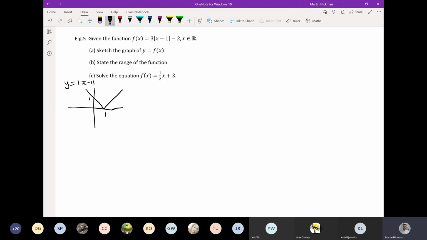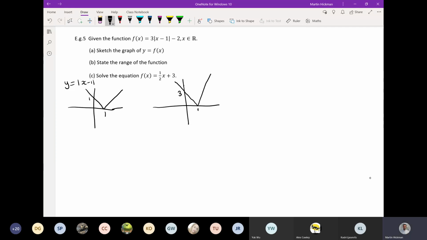The next thing I would do is think about, and you might want to do this in fewer steps, but it's recommended if you do struggle with drawing graphs, just break it up into different stages. So then think about what 3 modulus x minus 1 is. You're not affecting the x there, you're affecting the y value. So your root is still going to be at 1, but all your y values are going to get multiplied by 3.